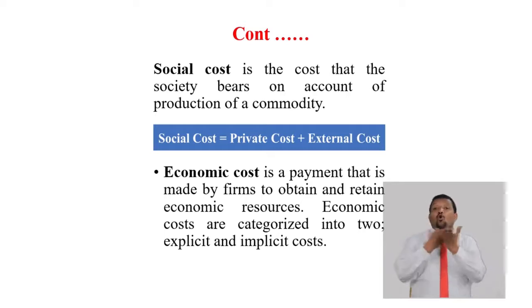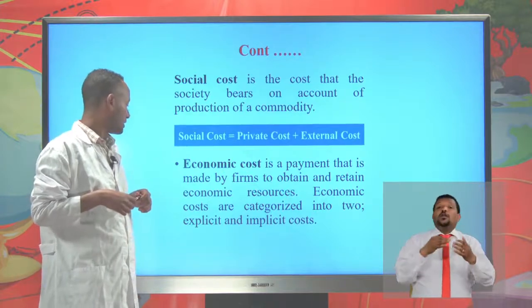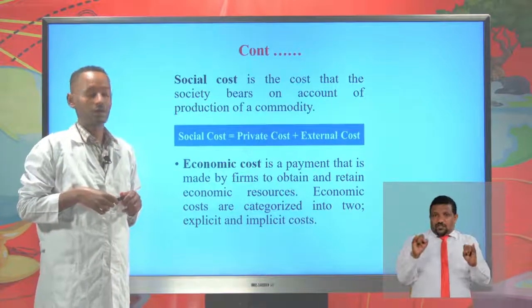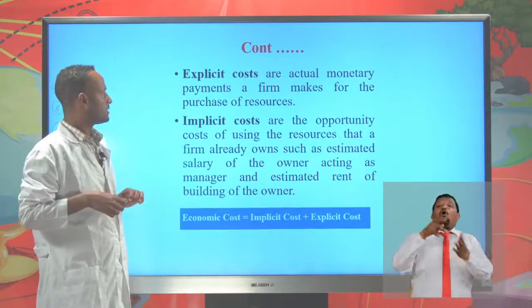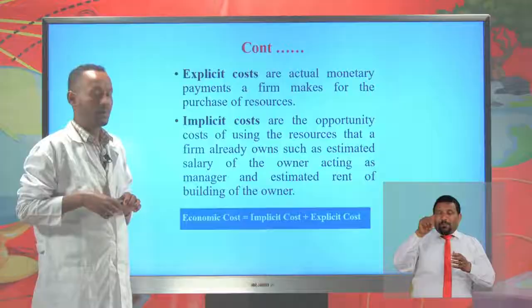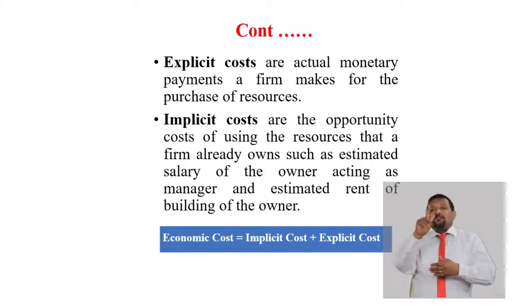Economic cost is the payment that is made by firms to obtain and retain economic resources. Economic costs are categorized into two: explicit costs and implicit costs. Explicit costs are actual monetary payments made by the firm for the purchase of resources. These explicit costs are out-of-pocket expenditures.